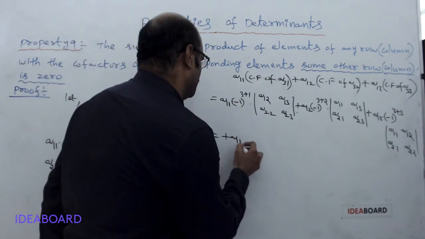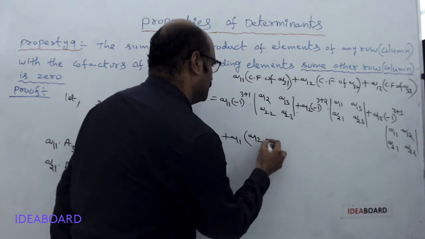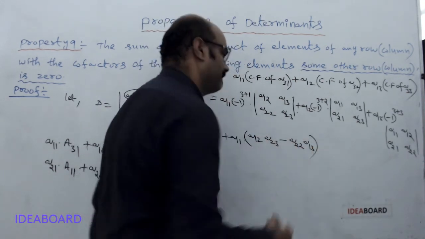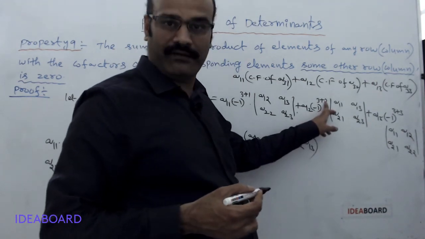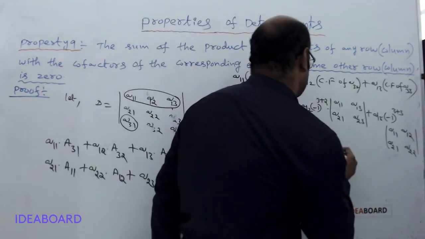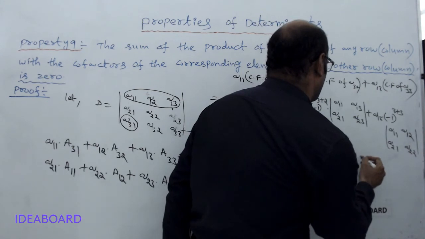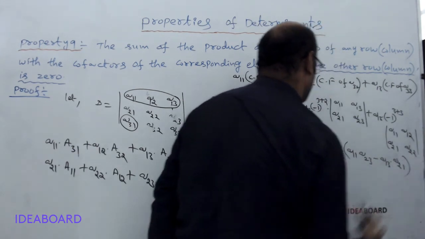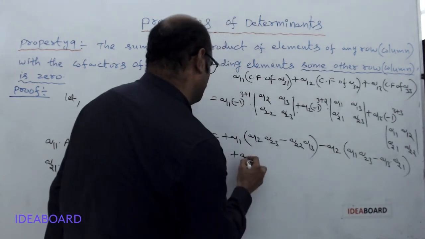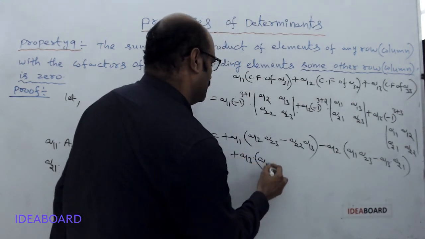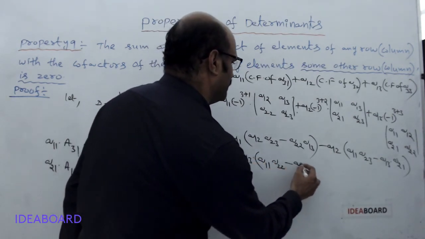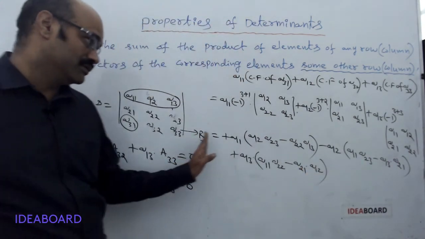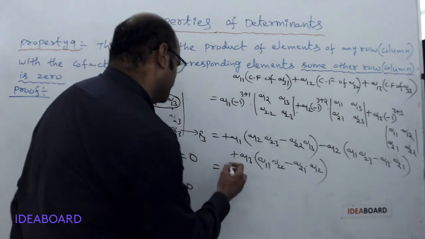So plus A11 into A12, A23 minus A22, A13 minus 1 whole power 5 minus A12 into A11, A23 minus A13 into A21 plus A13 into A11, A22 minus A21 into A12. Now multiply this.